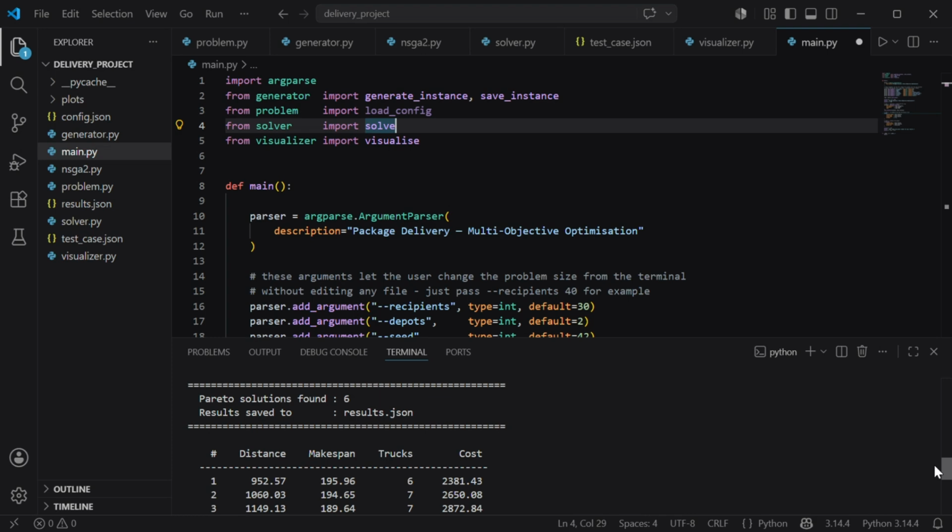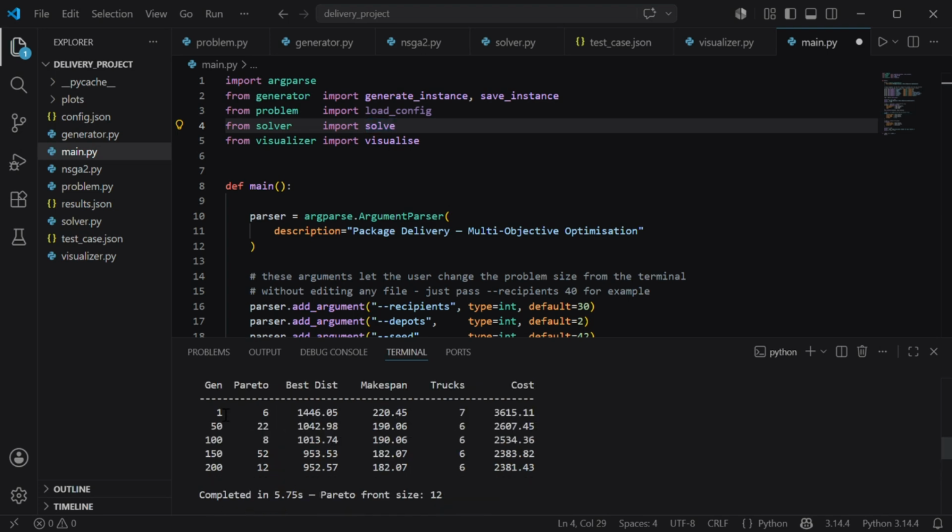In generation 1, the best distance is 1,446, and the cost is 3,115. These are just random solutions at the start, so they are quite bad.